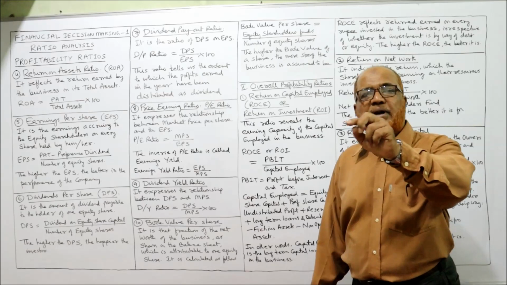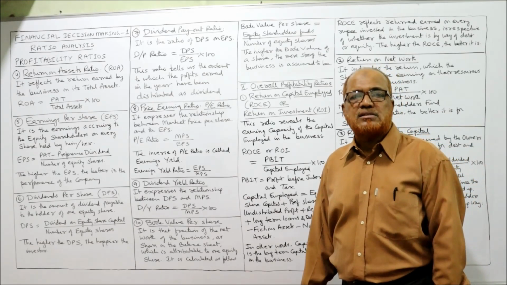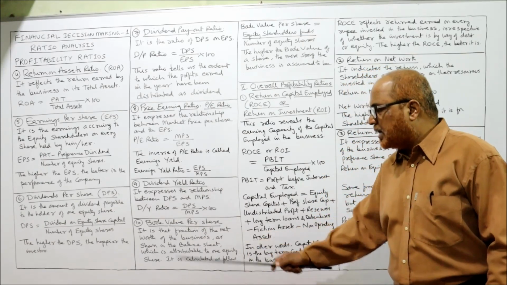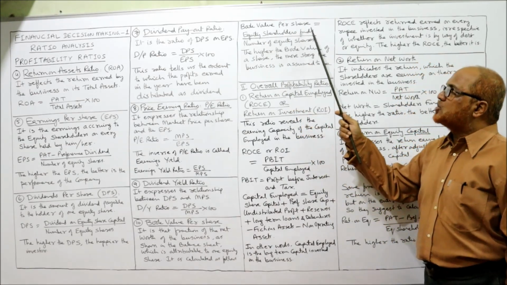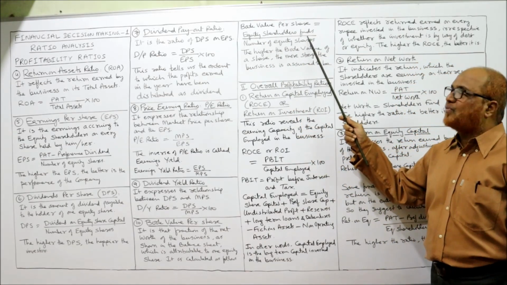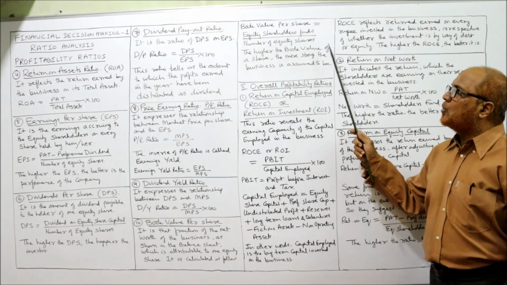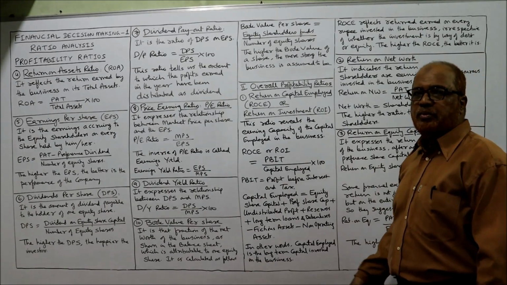That net worth will be divided by number of equity shares. Book value per share is equal to equity shareholders' fund divided by number of equity shares. The higher the book value of a share, the stronger the business is assumed to be.